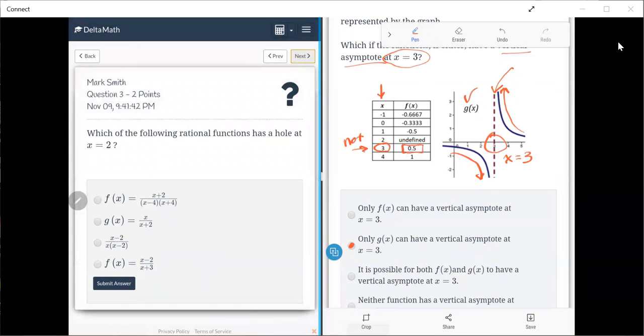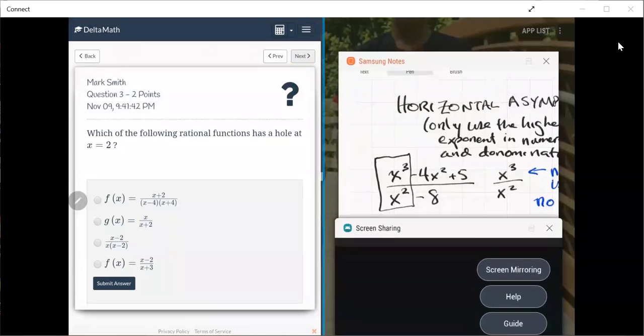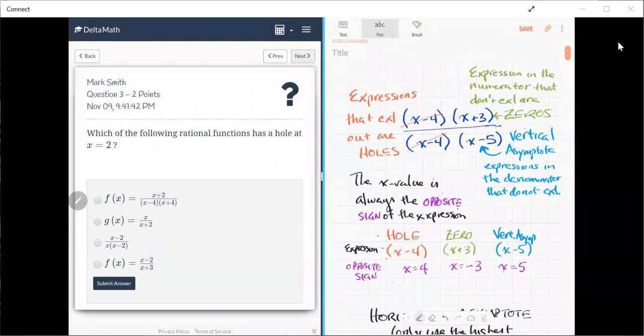All right, so which of these functions has a hole at x equals 2? Look at your notes, or you can look at this little handy thing here. Holes are expressions that cancel out, right? We can see that this is a hole in red, and it's because the numerator and denominator had the same expression and it canceled out.